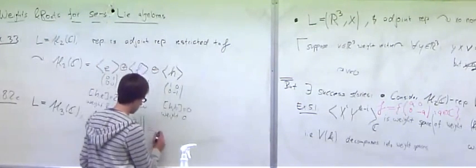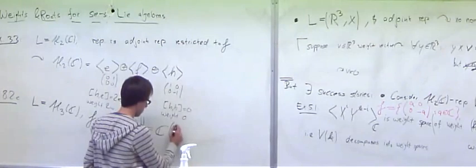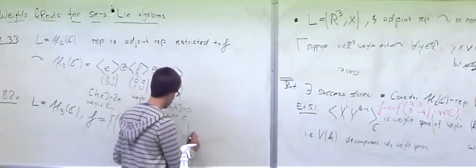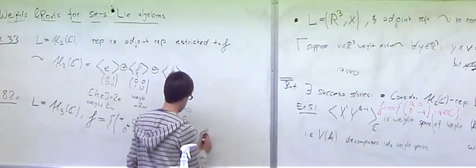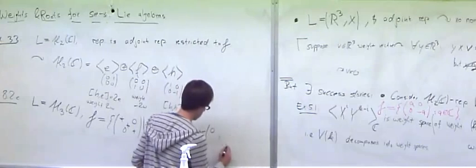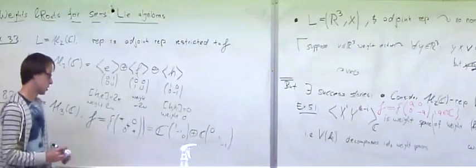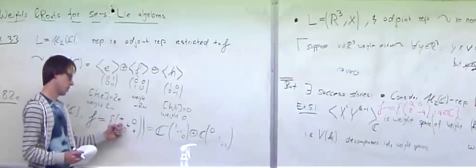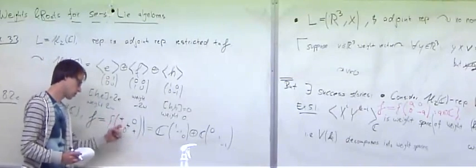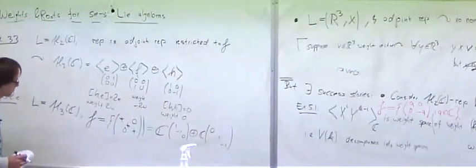So this is spanned by 1, -1, 0, and 0, 1, -1. So this is just two-dimensional because we have this additional condition that the trace must be 0.